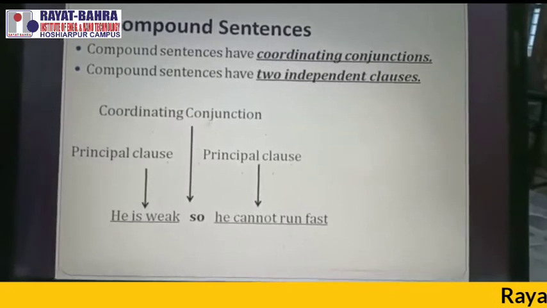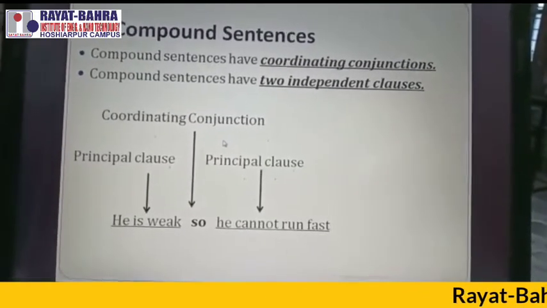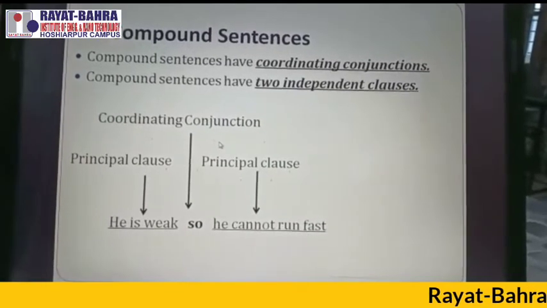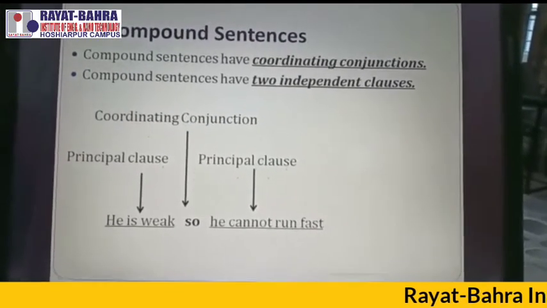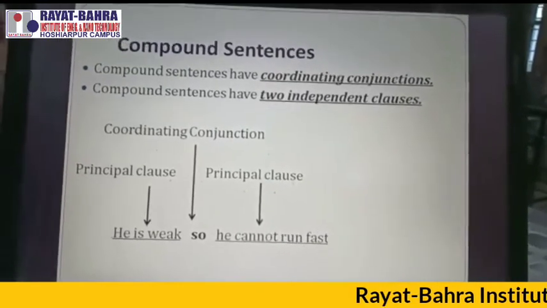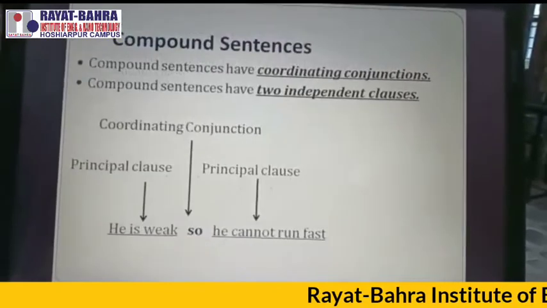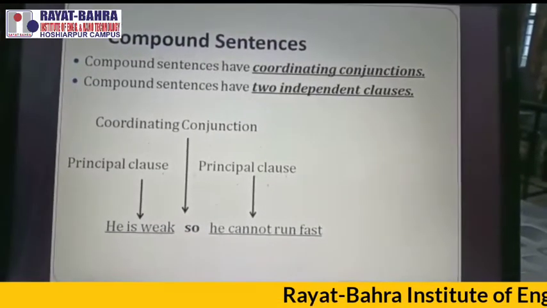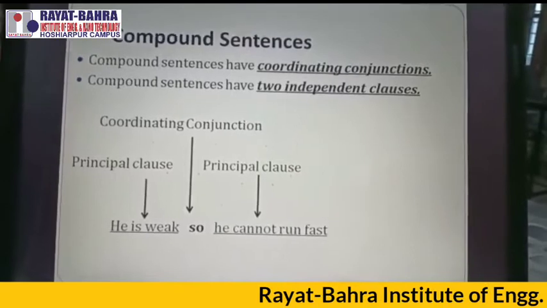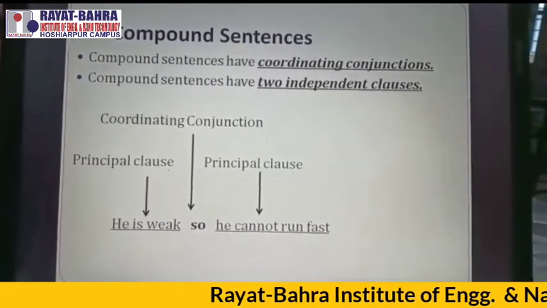So here is a coordinating conjunction. There is a difference between coordinating and subordinating conjunctions. Again, I am repeating, in complex sentences we use subordinating conjunctions. The list has already been shared by me. These are subordinating conjunctions. And in compound sentences we use coordinating conjunctions. Soon I will share the list of coordinating conjunctions with you.